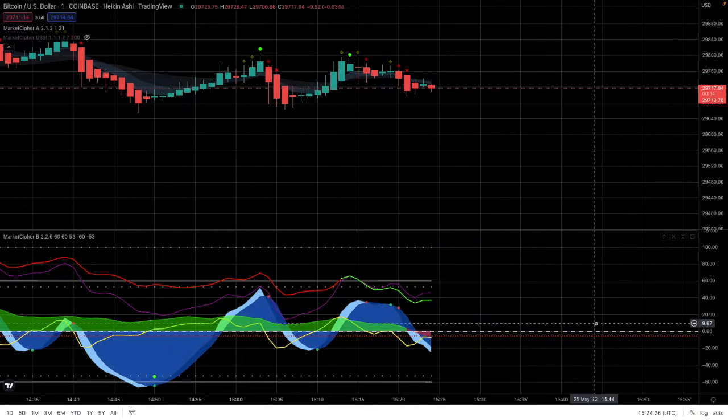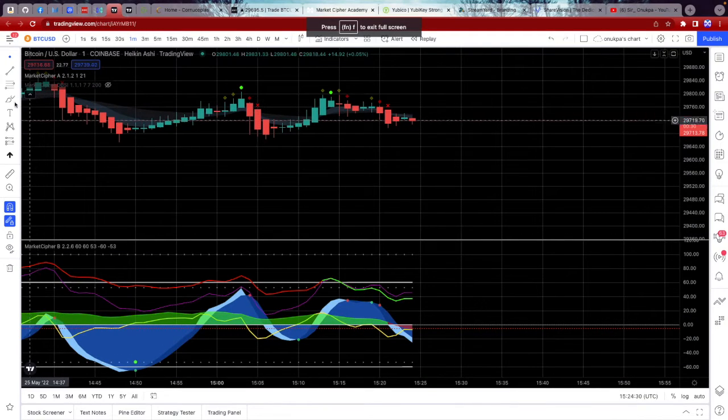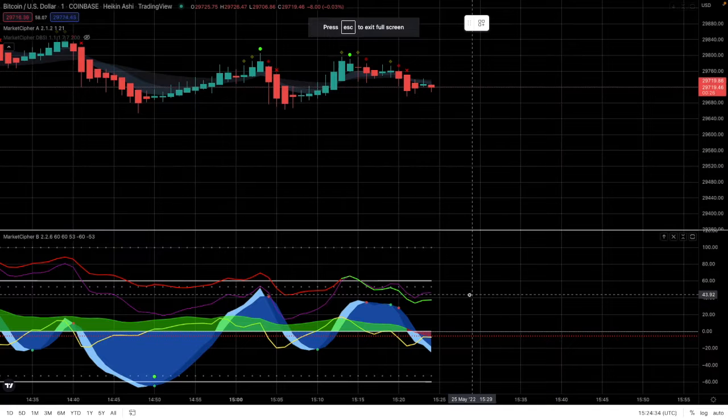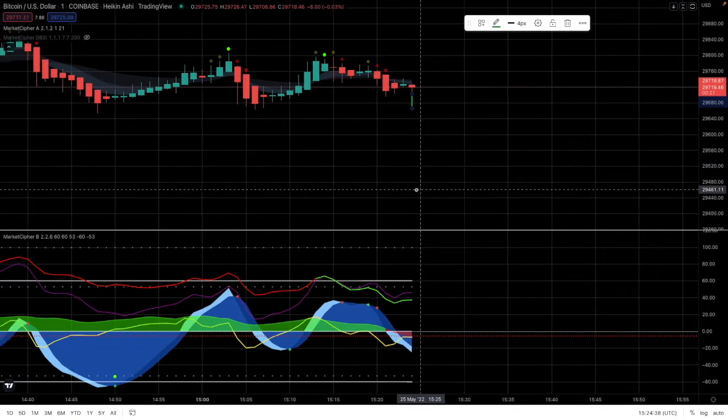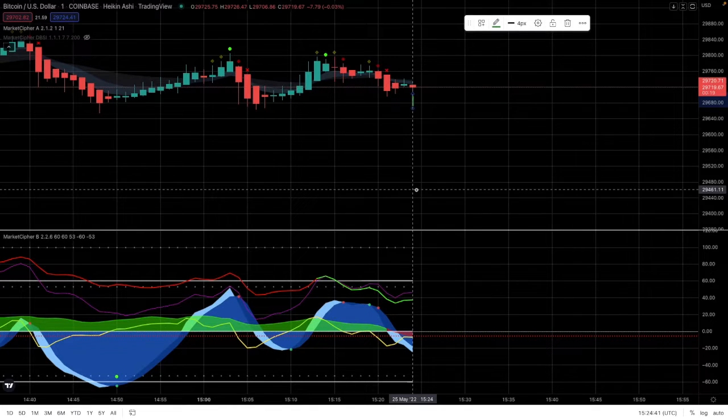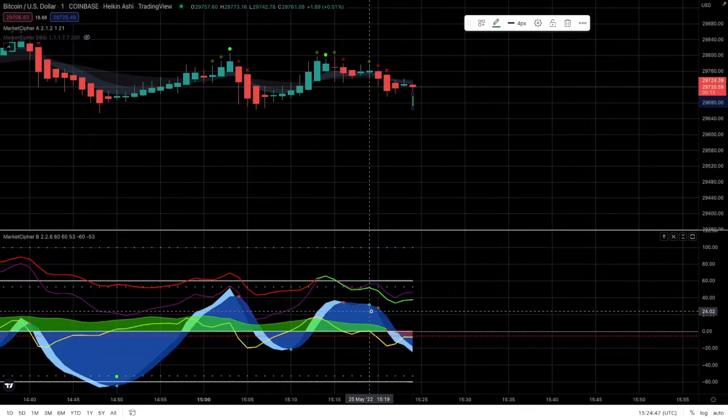This is typical Market Cipher on a lower time frame. Let's see what happens to price. Price seems to be coming down. Once you know the direction, price is affected by the direction of your oscillators. Momentum has a huge impact, and so does money.